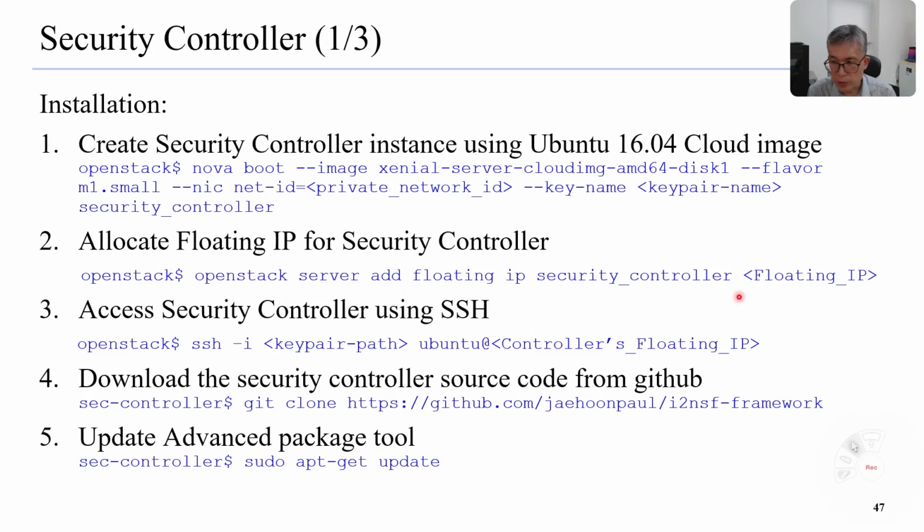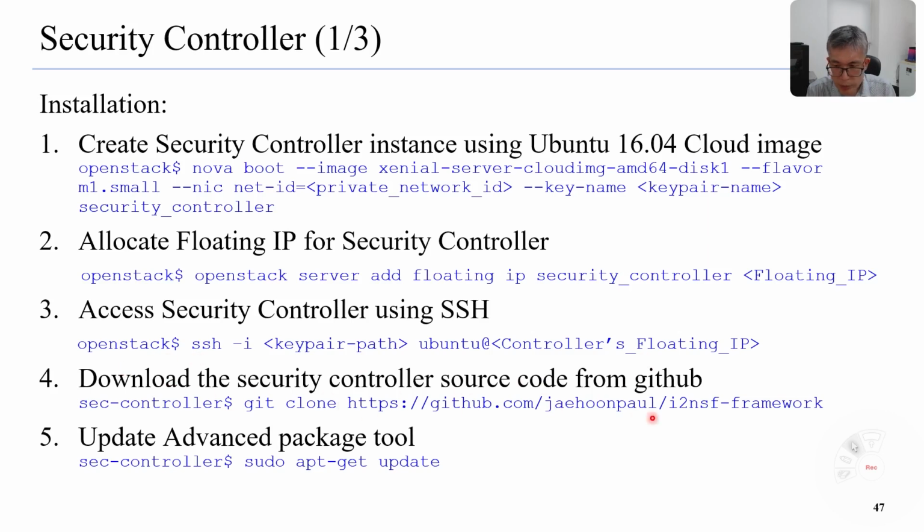The security controller floating IP address is used to access the security controller using SSH, secure shell, with the key pair as Ubuntu at the controller floating IP address, and then download the security controller source code from GitHub.